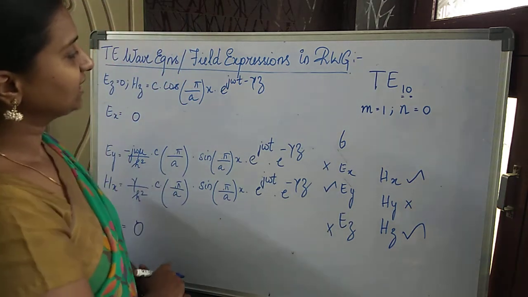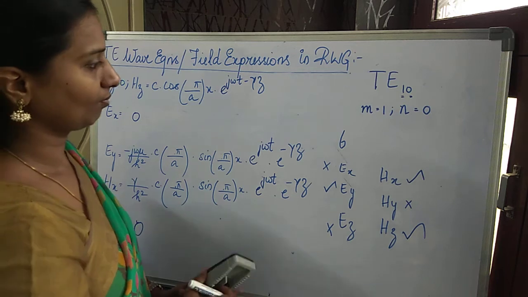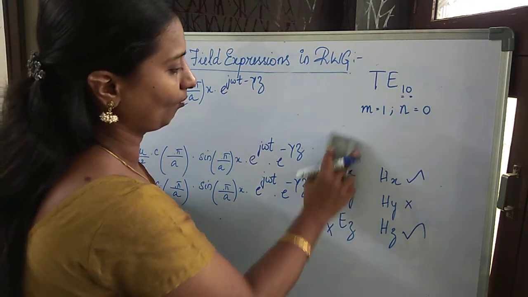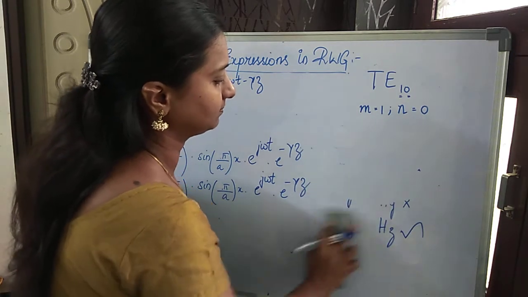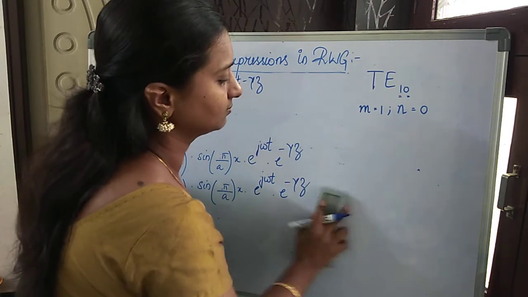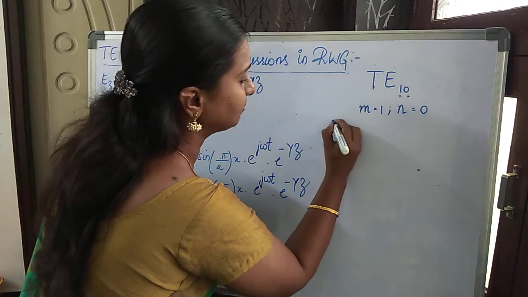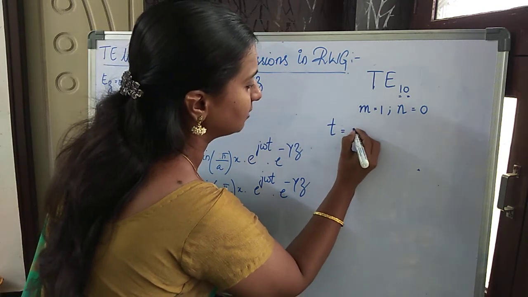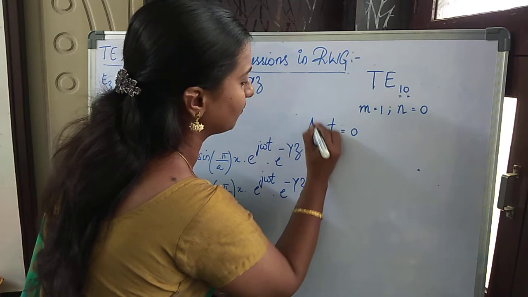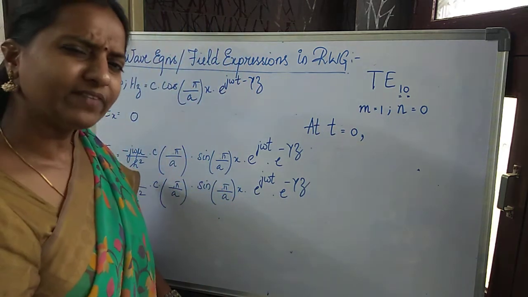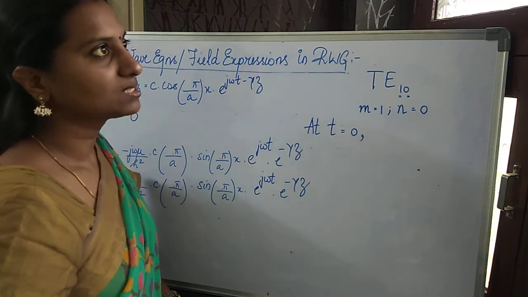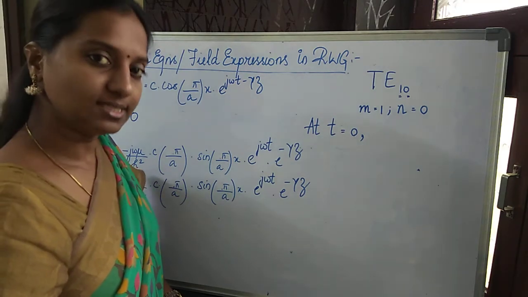So at initial time t, which means 0, I will not have any losses, which means alpha will be 0.